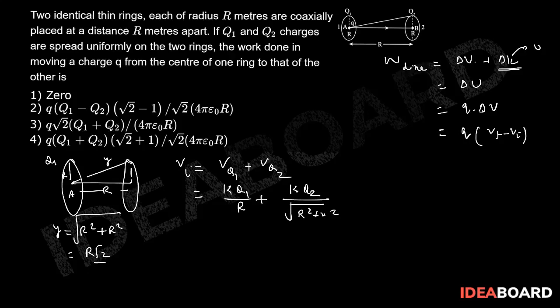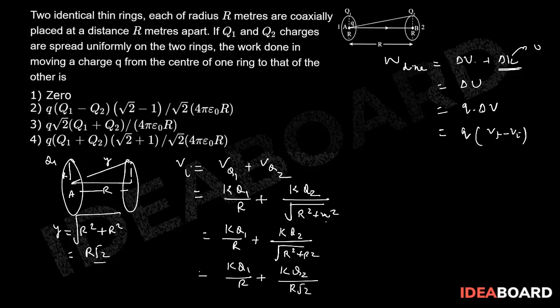I already called this term Y, so if you put the value of X, which is R, this will be K Q1 by R plus K Q2 divided by the square root of R square plus R square. So this will be K Q1 upon R plus K Q2 divided by R root 2, correct? This is the value of V initial.